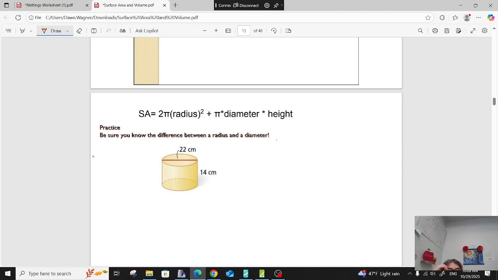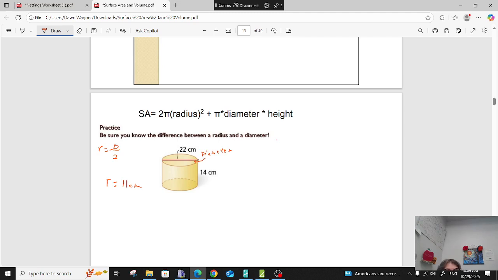So here, what is the radius of this cylinder? 11. Because radius is diameter divided by 2. Diameter is all the way across. So this is diameter. That's what they gave.